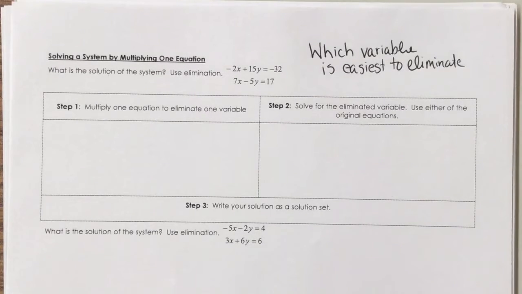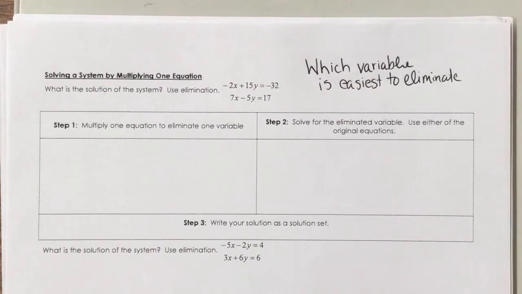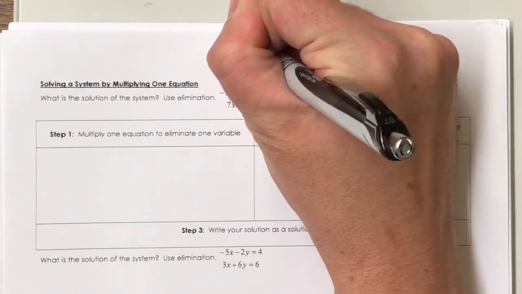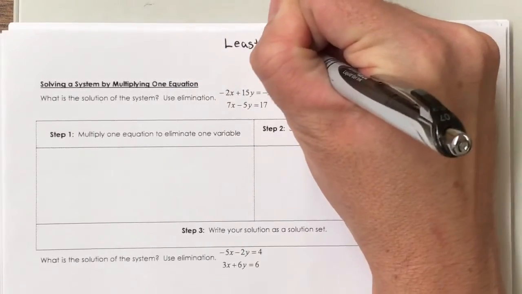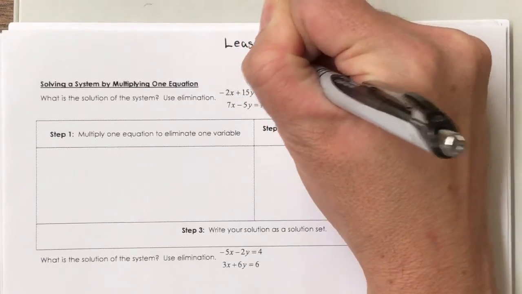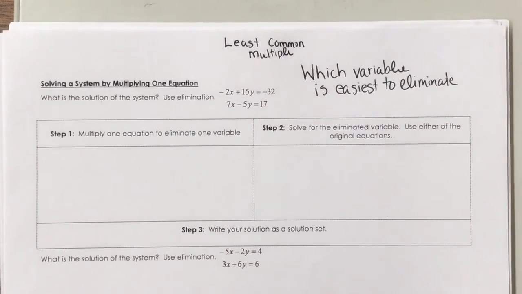Well, we have to distribute through something to make that into a 15. So what I like to do is go off to my side. I need to make a negative 5 into a 15. 15 is already a 15. So what we want to find is what we call a least common multiple. A least common multiple, what does that mean?